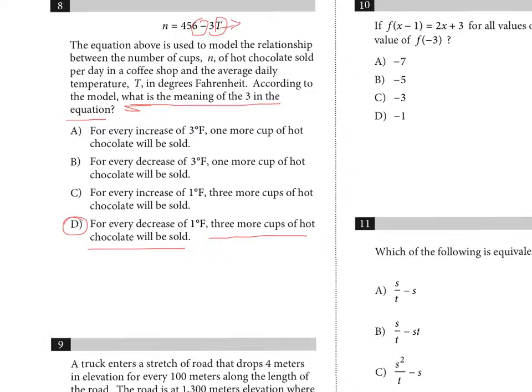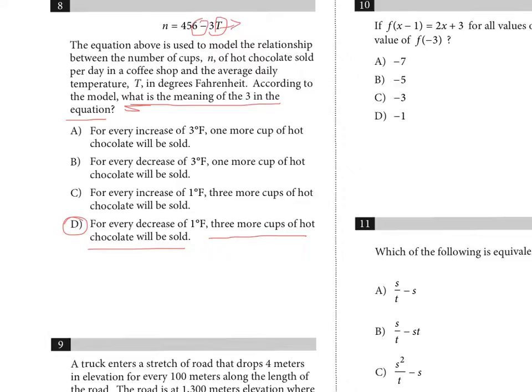So for every degree, whatever the T is, 1 degree, 2 degrees, 3 degrees, whatever the number of degrees is decreasing, you're going to have 3 more cups of hot chocolate that is going to be sold. And that was it. So those are the key words. The minus, it's subtraction, decrease, and T is a temperature, in this case is decreasing.